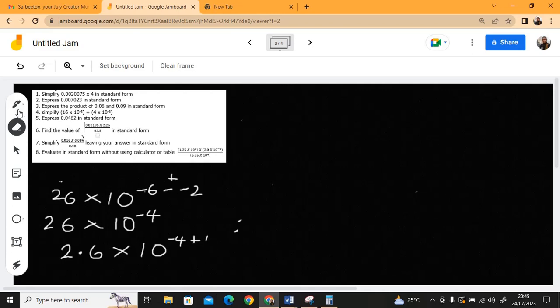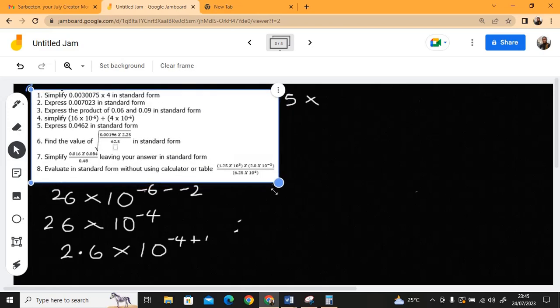Now the last one, they gave us 1.25 times 10 raised to the power, let me check this because it's blurry.